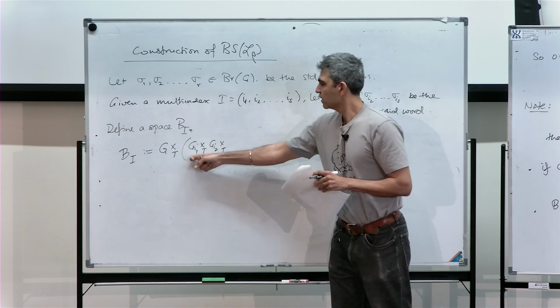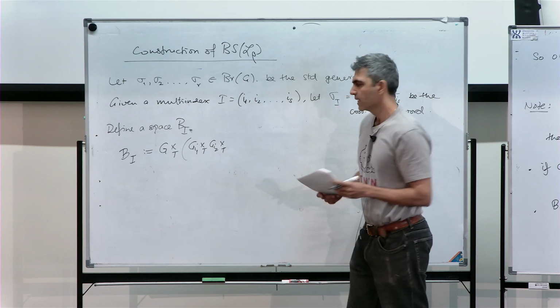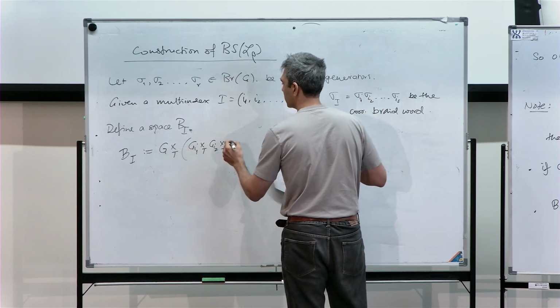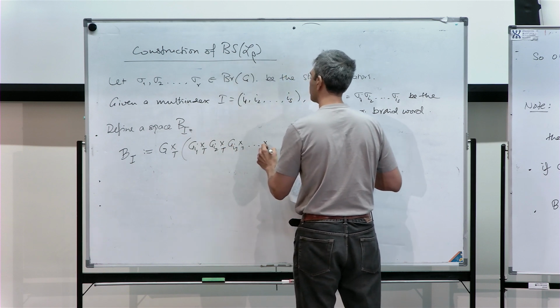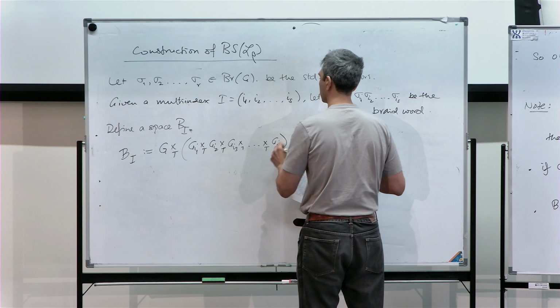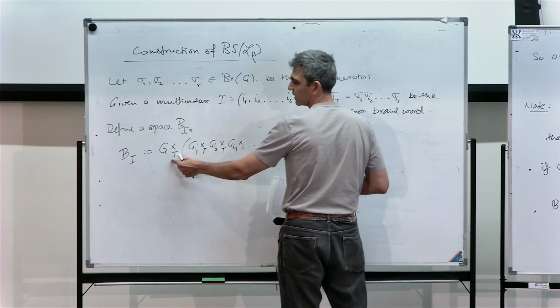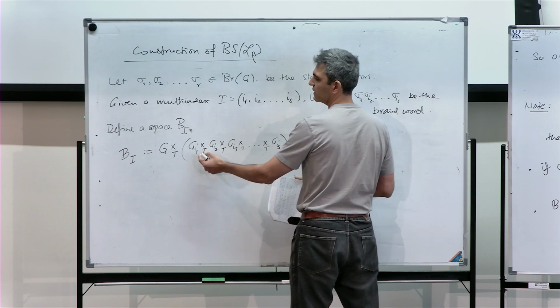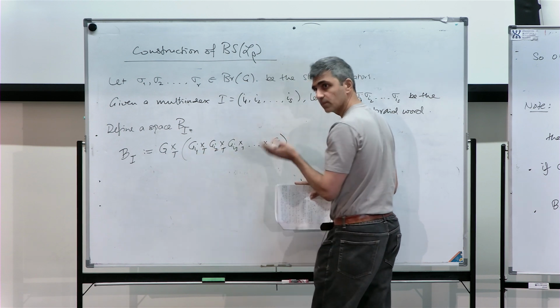So these are subgroups of semisimple rank 1 inside G, and they all contain the maximal torus. I'm looking at this space, and then I'm giving it a T action. The T action inside is the one you would expect.